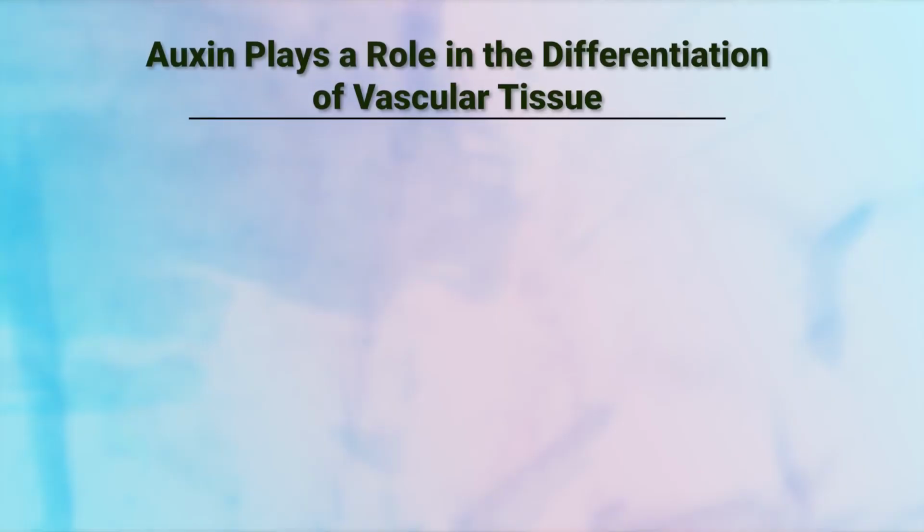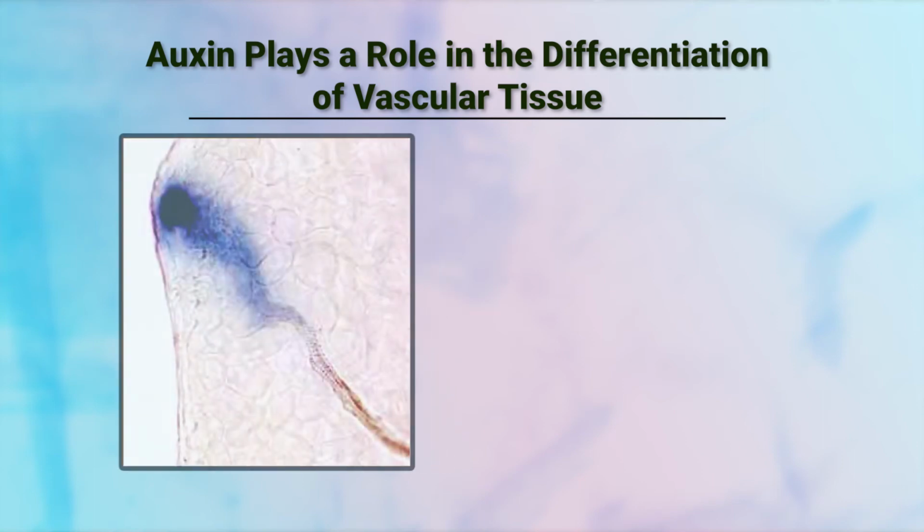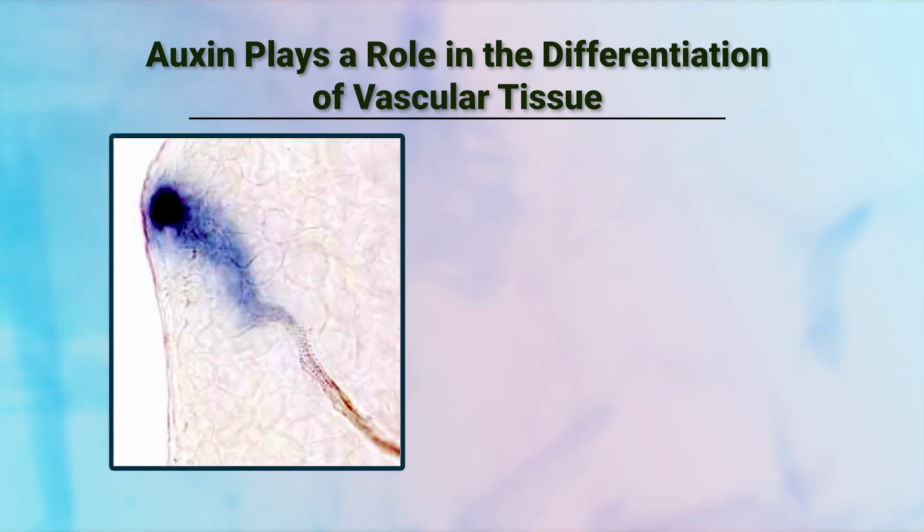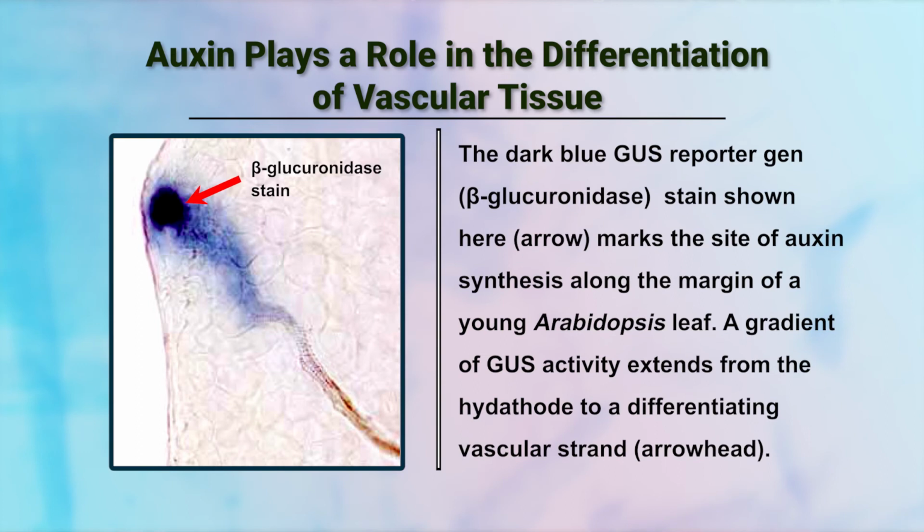Now, this reporter gene assay clearly indicates the role of auxin in differentiation of vascular tissue. This is a section of a young Arabidopsis leaf. The blue stain is due to the beta-glucuronidase gene or GUS gene, which is used as the reporter gene.